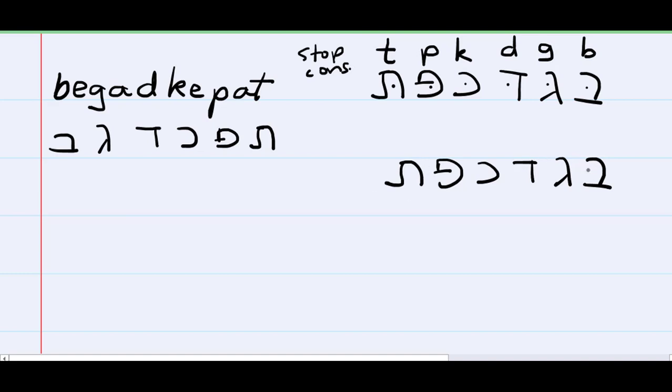On the other hand, whenever these begadkepat consonants are dotless or without the dagesh, then they are transliterated in English with the consonants and a line below.